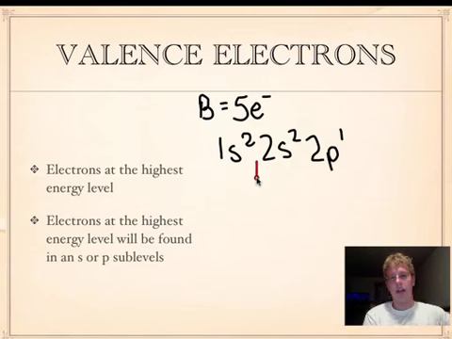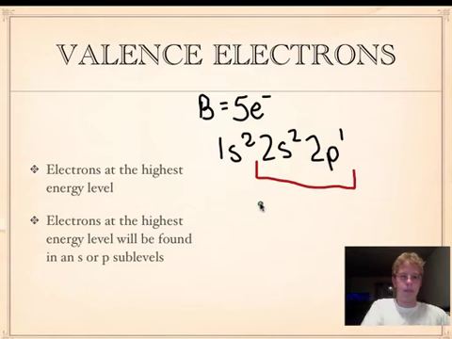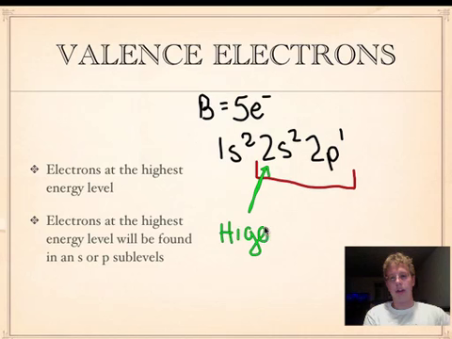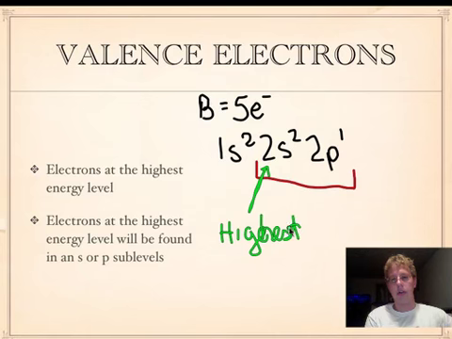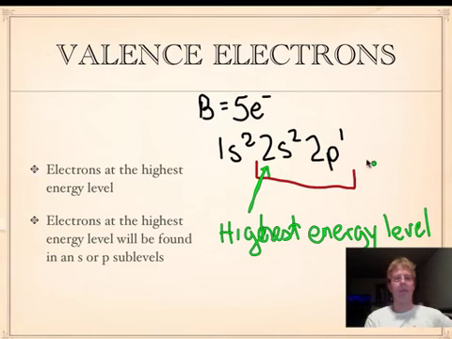The highest energy level is going to be this 2s2, 2p1. The 2 out front indicates our highest energy level. So from this electron configuration, we can say that we have 3 valence electrons. We get 2 from 2s2, and we get 1 from 2p1.